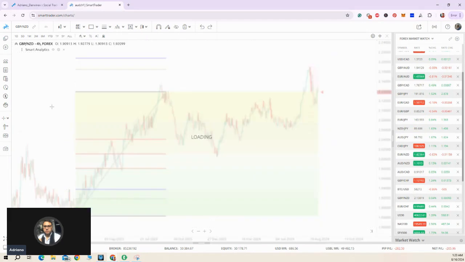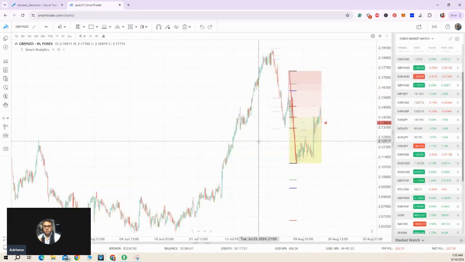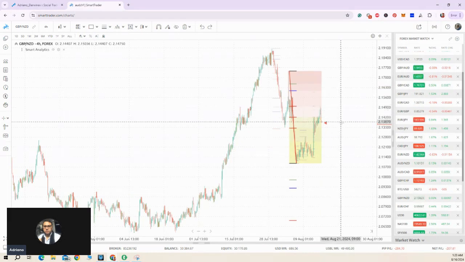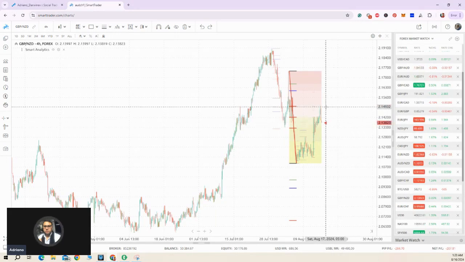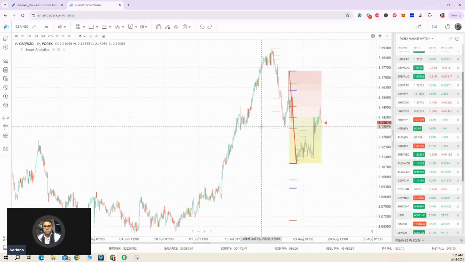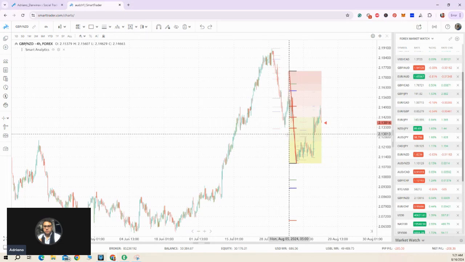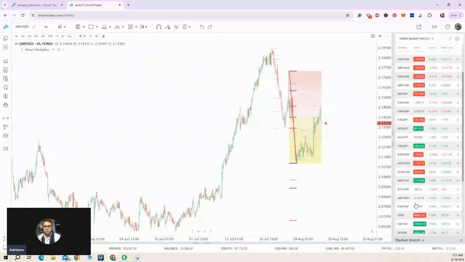Let's see the 4 hour. It already retraced. So if I get in right now, it's going to be late because the market already moved. I should have taken this trade right here. I'm going to pass on the 4 hour time frame on this trade. Maybe I can get some trade on the lower time frame, maybe later tonight or tomorrow morning.